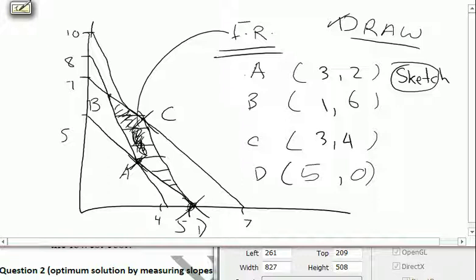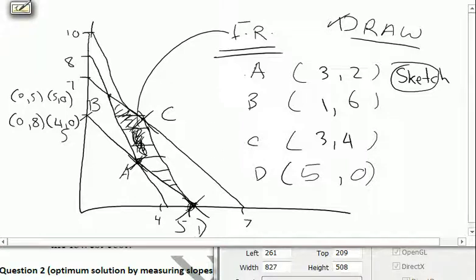The lines that intersect at A are the line that passes through (0, 5) and (5, 0), and the second line, which is the line that passes through (0, 8) and (4, 0).